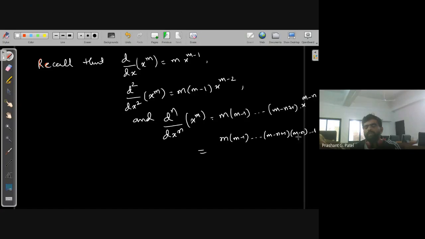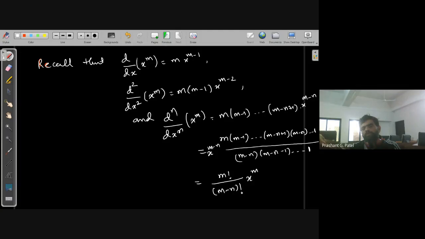I multiply m minus n, m minus n minus 1 and so on up to 1, multiply and divide, into x power m minus n is already there. So this is what? This is m factorial upon m minus n factorial into x power m minus n.